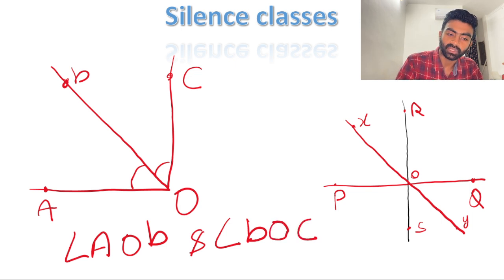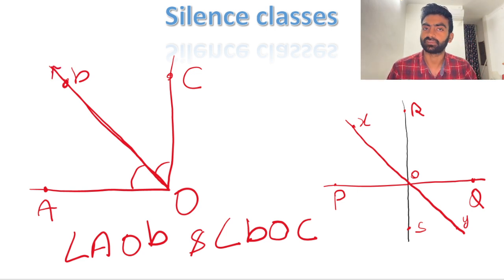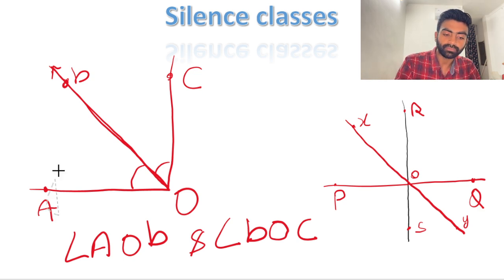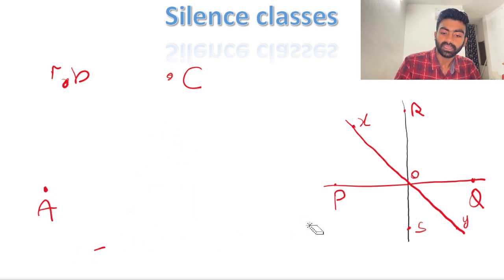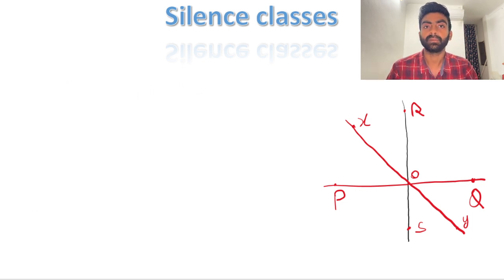You can check that side OB is common. So these are known as adjacent angles. We have to find the adjacent angles in this figure, but they should be complementary, which means the sum of those angles should be 90 degrees.